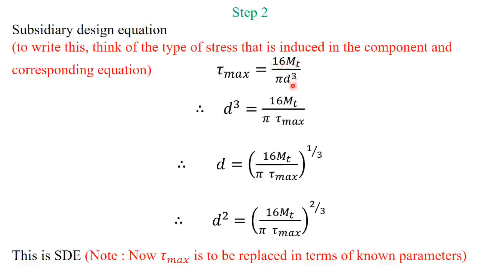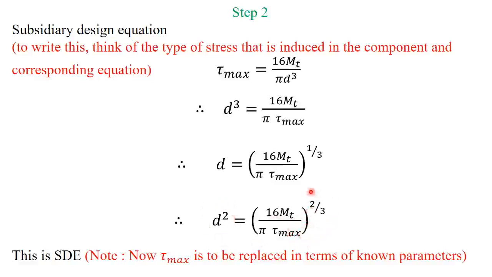Therefore d cube is equal to 16 Mt upon pi tau max. And that's why d is equal to (16 Mt upon pi tau max) raised to power 1 by 3. And therefore d square is equal to (16 Mt upon pi tau max) raised to power 2 by 3.